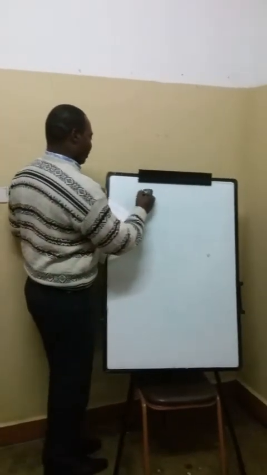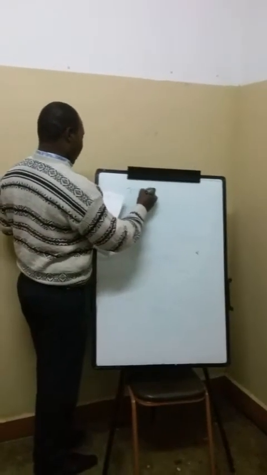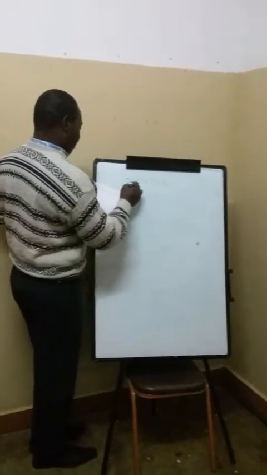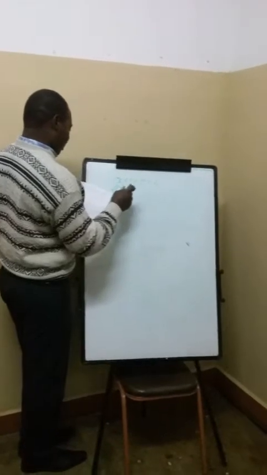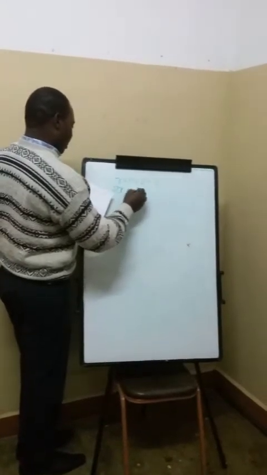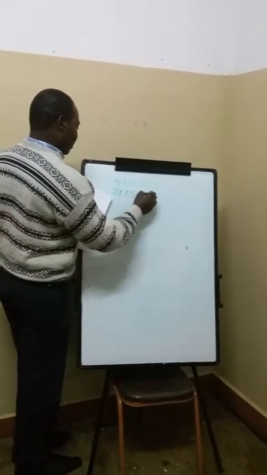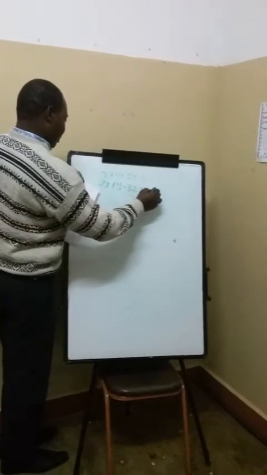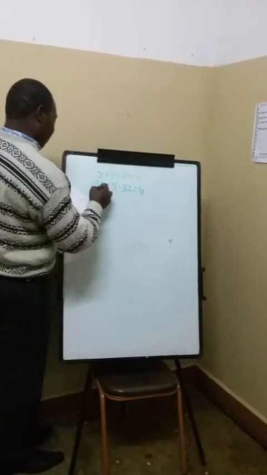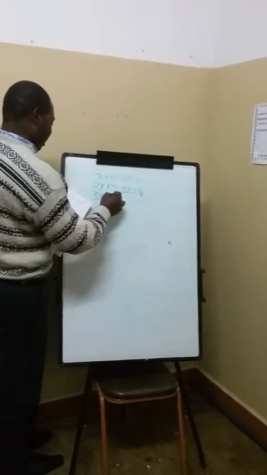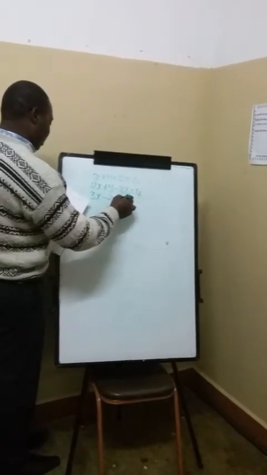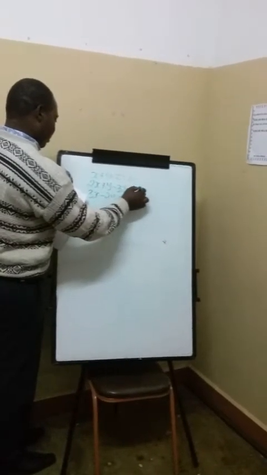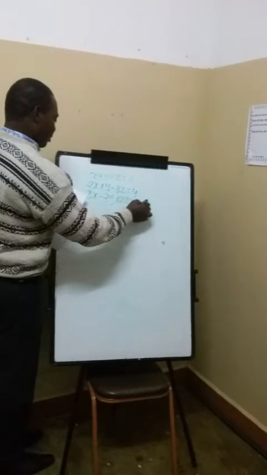We're going to begin with an example that I've set. If we have x plus y plus z equal to 6, 2x plus y minus 3z equal to 4, and we have 3x minus 2y plus 2z equal to 2.